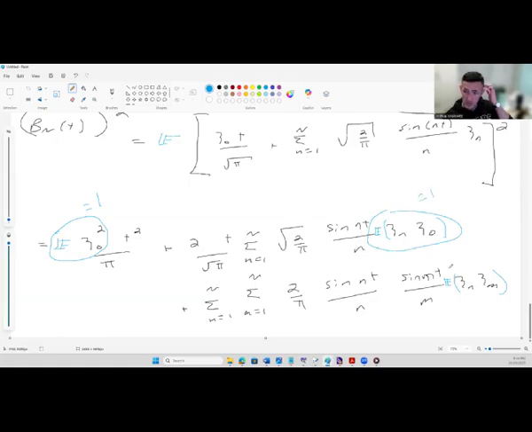And this here, as usual, we already did this. It's 1 if n equals m, 0 if n is not equal to m.